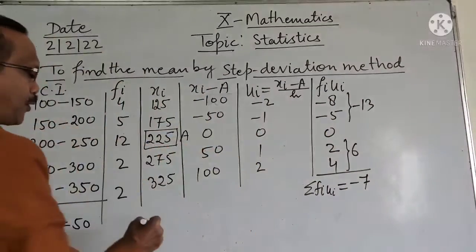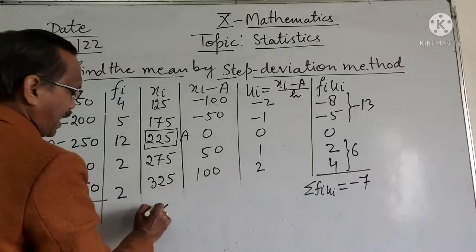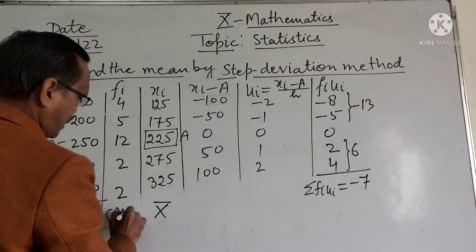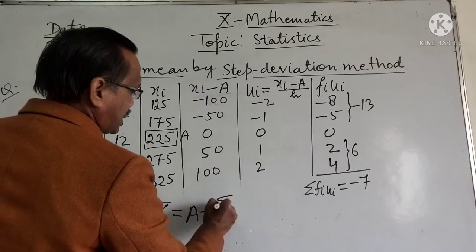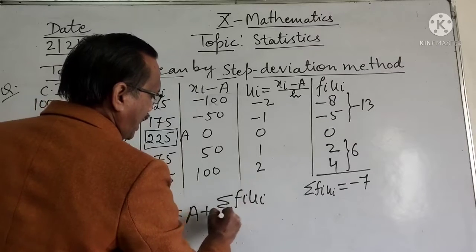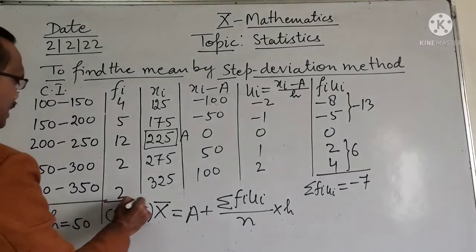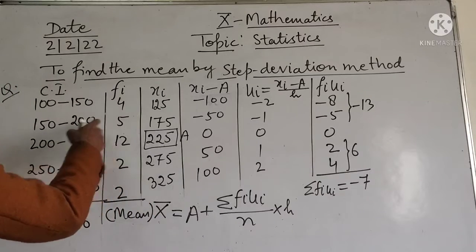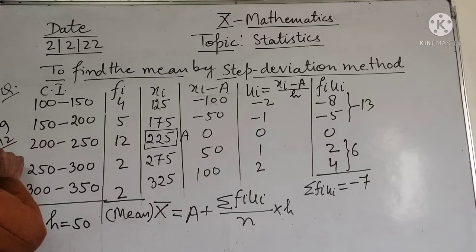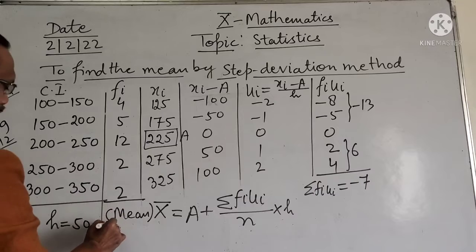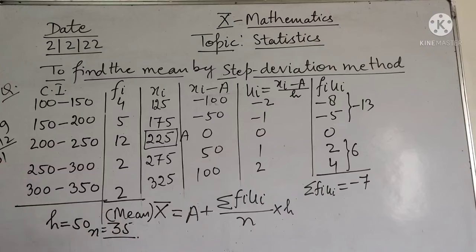Now there is a formula for the mean. The mean is represented by x bar, and it is A plus sigma fi ui upon n, into h. Here n is 19 plus 12 is 31, plus 4 is 35. So n equals 35.